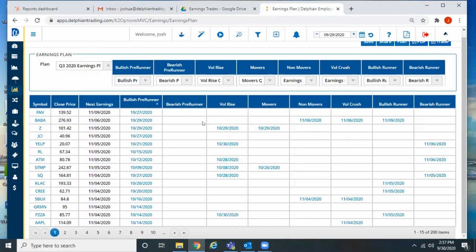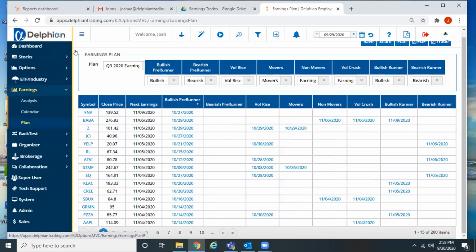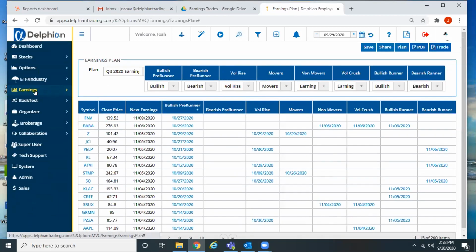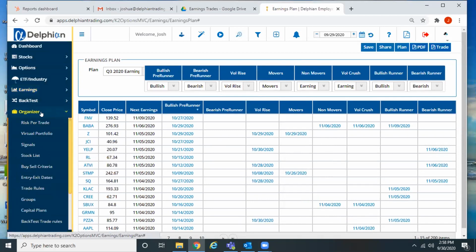Josh, when you create the alerts, they're stored somewhere in your system, but there's no way to pull up all the outstanding alerts that we've saved, right? When you create an alert in the system, for the daily alerts that we did today, it's in the organizer.